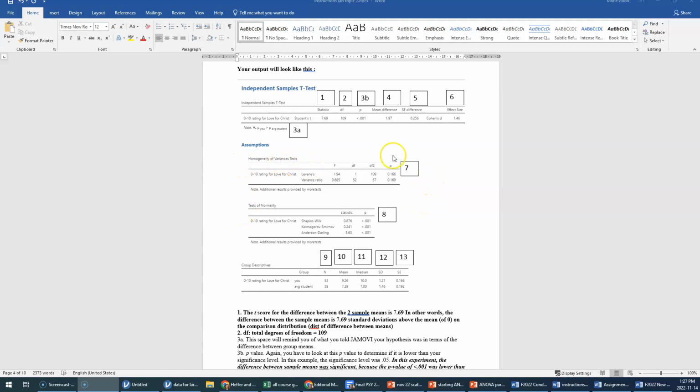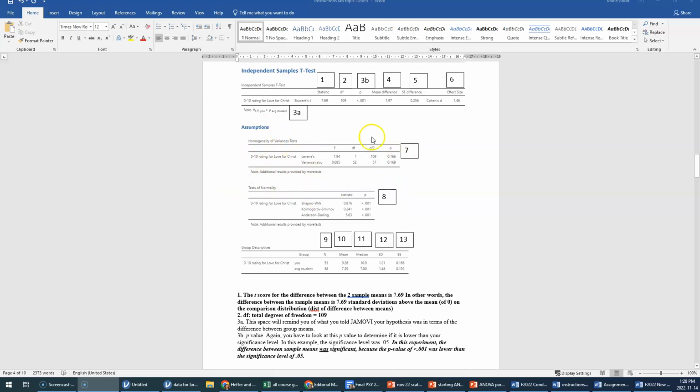Essentially, we have two assumptions for the independent means t-test. One is homogeneity of variance, which just means that the variances of the populations are equal. And one is a test of normality, that the distributions are normal. There's a separate test for each assumption that Jamovi provides to us.